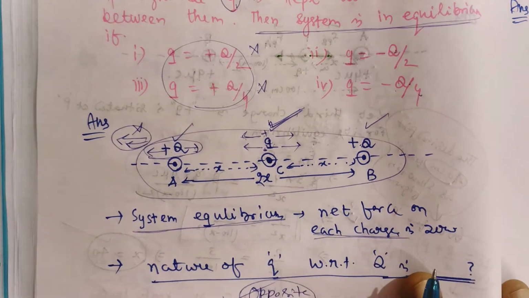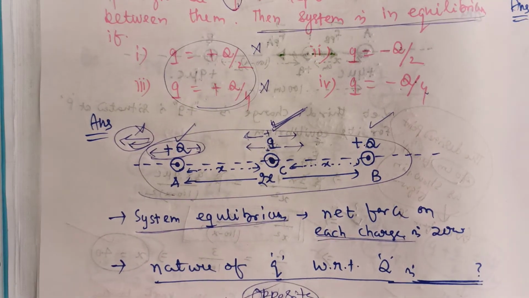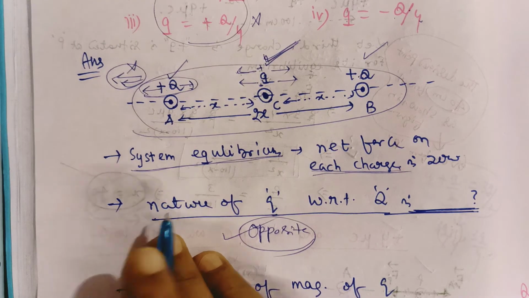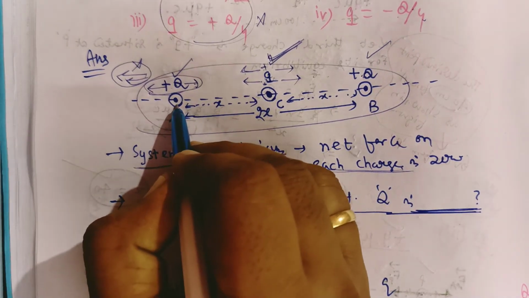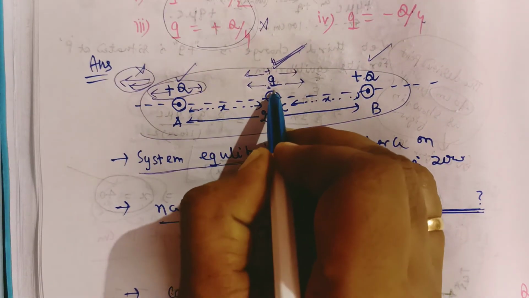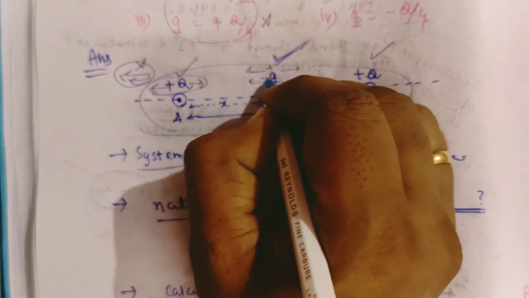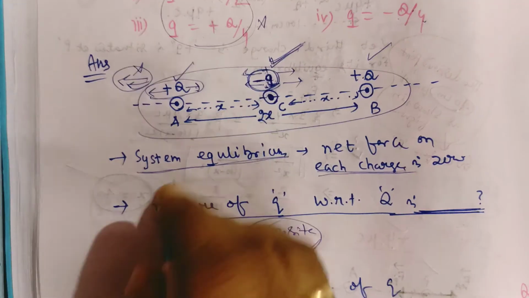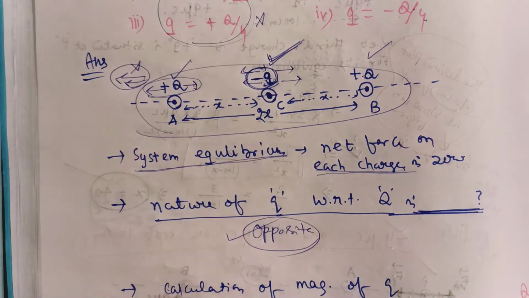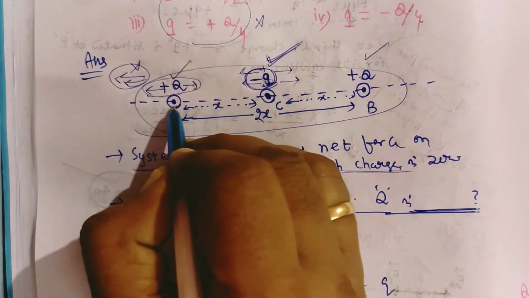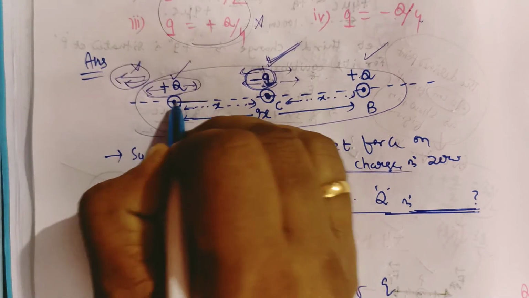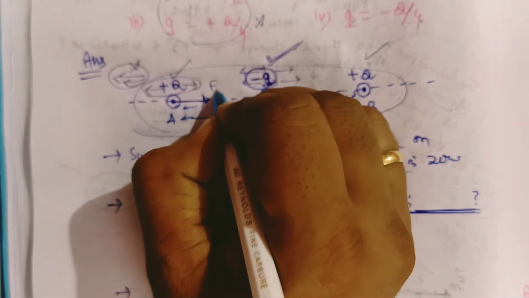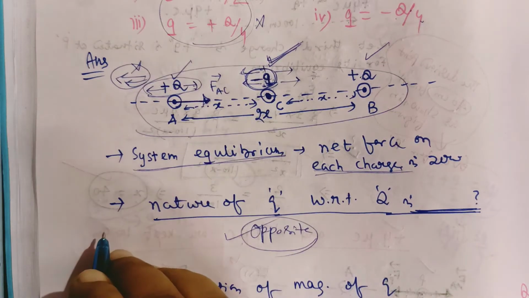How can you calculate? In this case, we have to calculate the force and check whether it is in equilibrium or not. This one you have taken is minus q, so we are confirmed that this is minus q if this is plus Q. Now C will attract A in this direction, so you name it F_AC vector.